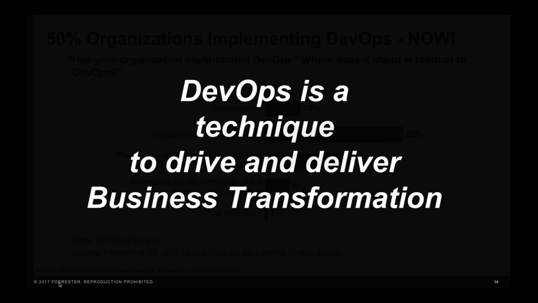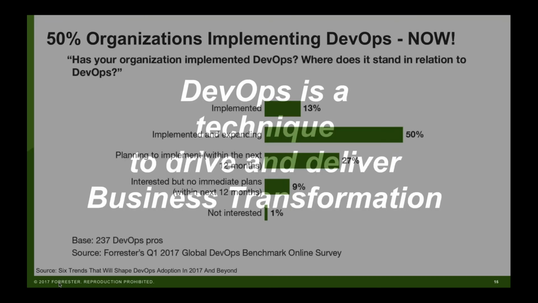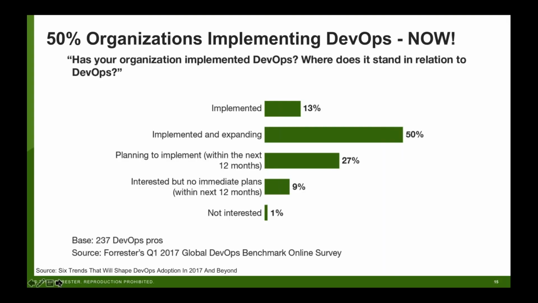And if you put all that together, you get a collective picture of transformation of your organization and transformation of the way you do things in terms of how you go about doing and delivering your business-based technology. So the first thing I want to talk about, and the data we have here, is that 50% of organizations are actually implementing DevOps now.